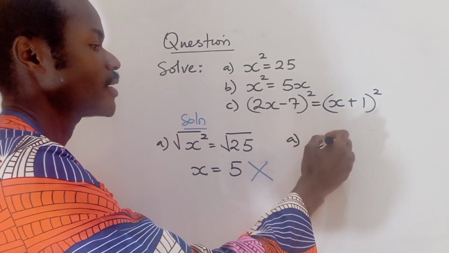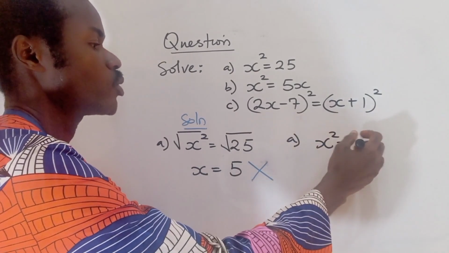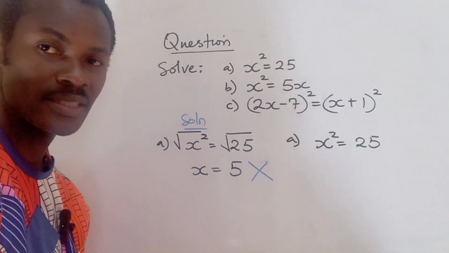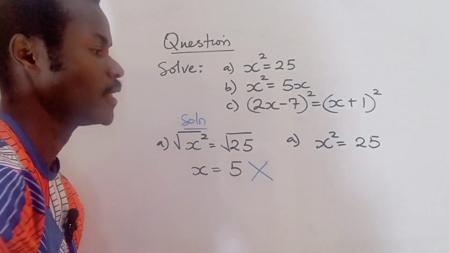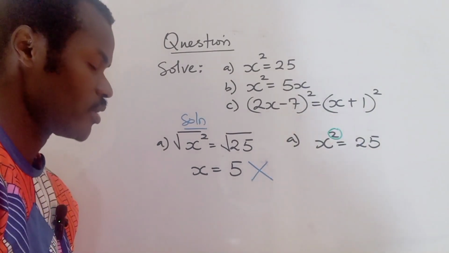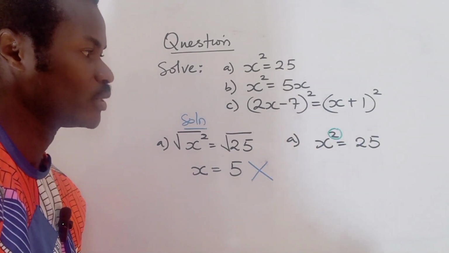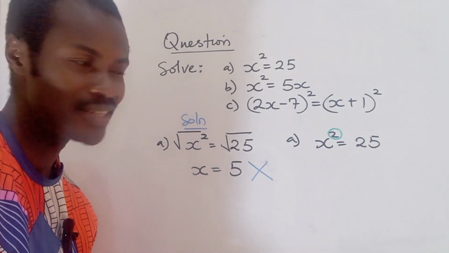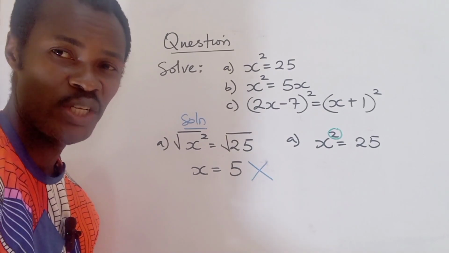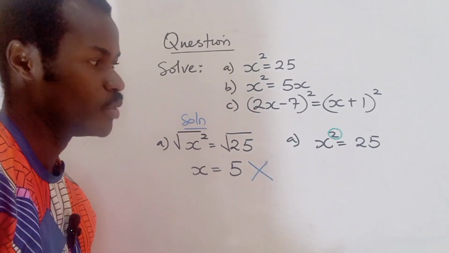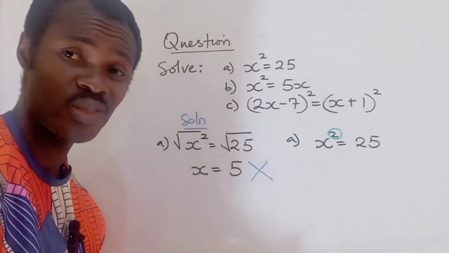Now if I have x squared equal to 25, because this is squared, it means it is a quadratic. So what we need to do is to have two solutions because we have it squared.